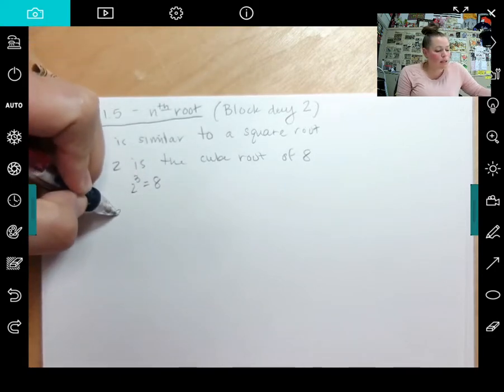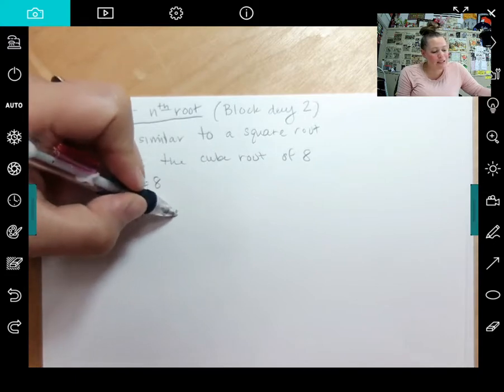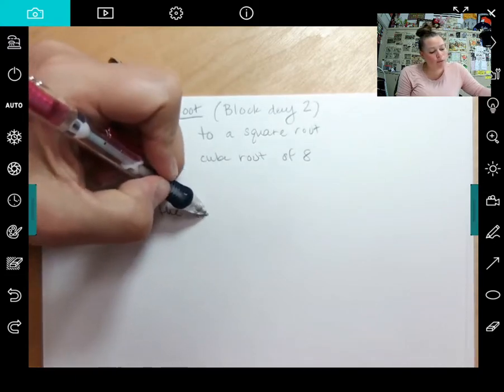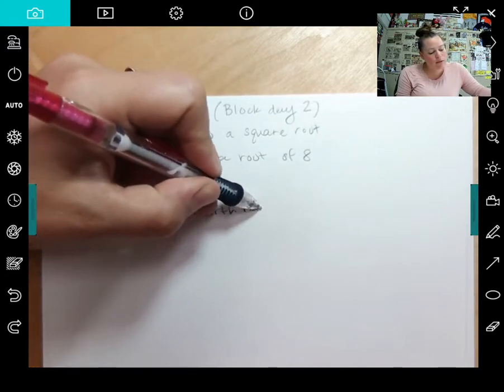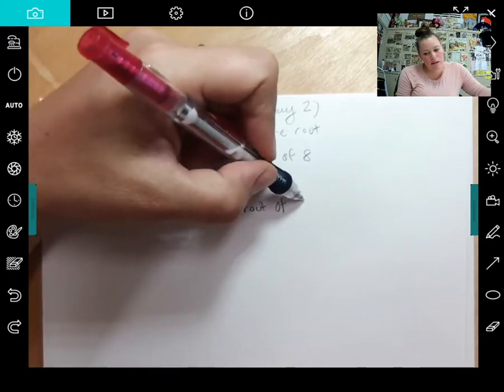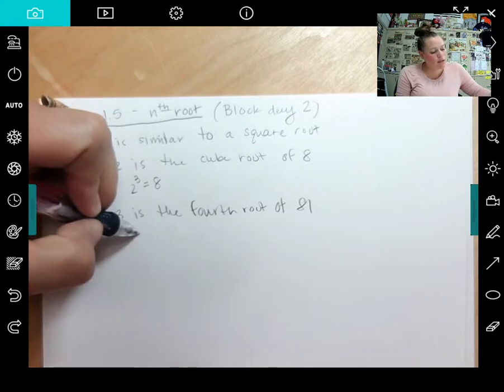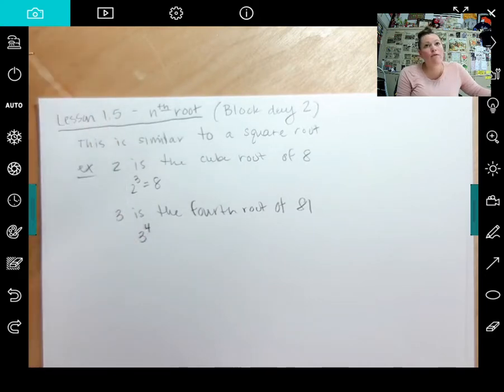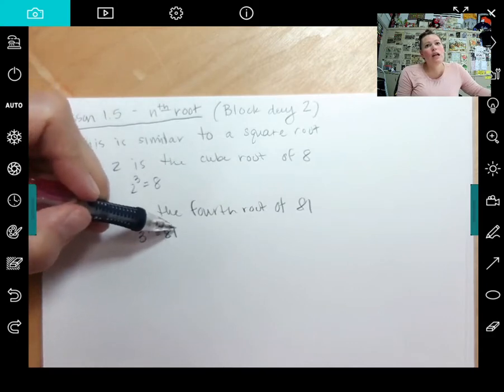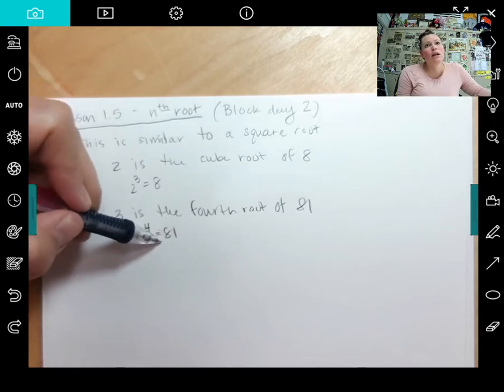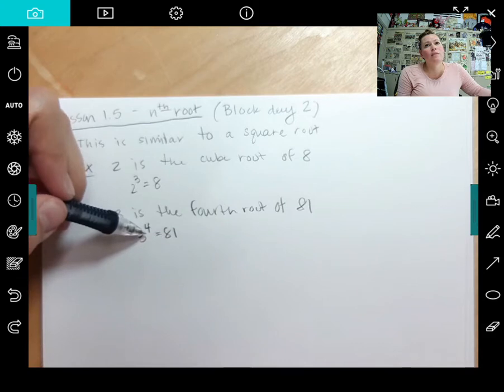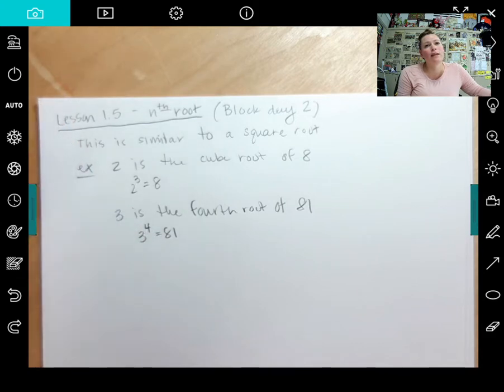Another example would be like 3 is the fourth root of 81. So that means that if we took 3 and put it to the power of 4, we get 81. Just like if we took 81 and put it to the fourth root, we would get an answer of 3.